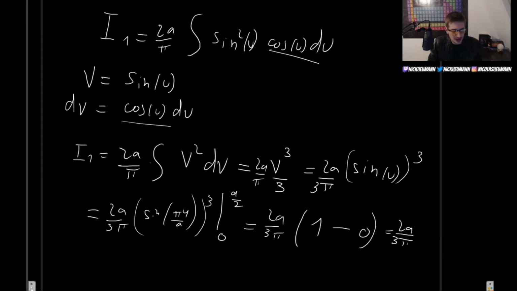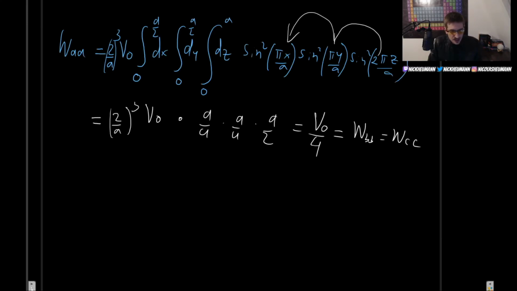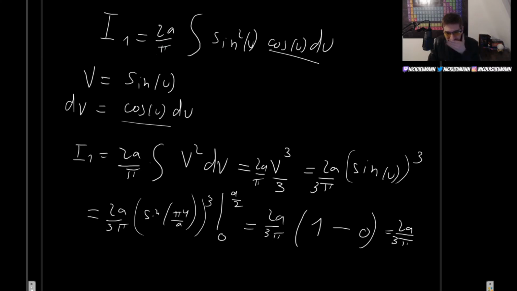As I mentioned, it is the same integral. I do not know where my result is. Okay, here. So what we get now in the second integral is 2a over 3 pi sine of pi z over a, cubed, evaluated between 0 and a.